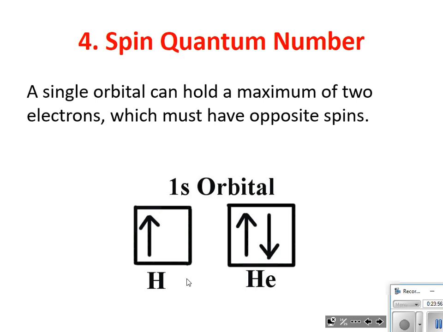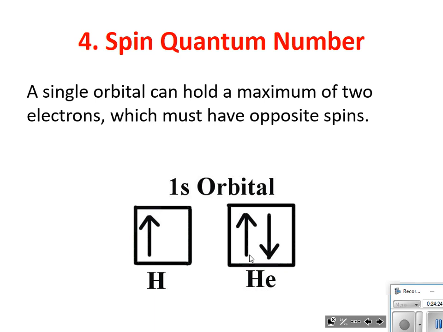Now, if you look at that, here is the first energy level. What type of a sublevel is it? S sublevel. So, the orbital here is an s orbital. How many electrons are on this s orbital right here? 1, because it's got 1 arrow. Now, here's another s orbital.